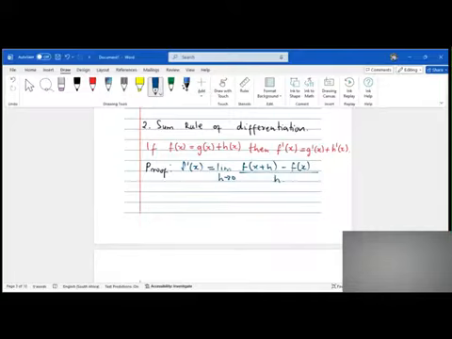Then we're going to try and work out these quantities. Let's start with the first quantity, which is the f of x that is given to us. We need to substitute the input value x plus h wherever we see x, right? So I'm going to do that. We have g of x.